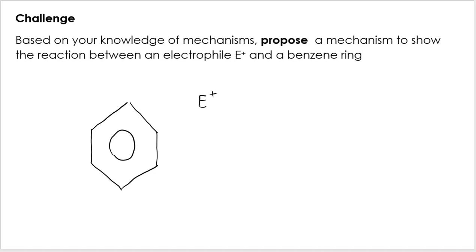If I were to draw a curly arrow on here going from electron rich to electron deficient, it of course makes sense. It's going to go from the delocalized ring of electrons, very electron rich, towards the more electron deficient, in this case, the E+. Now that means I'm forming a bond, and that bond will look like this. It's really important that when you draw them, we show the same structure right the way through.